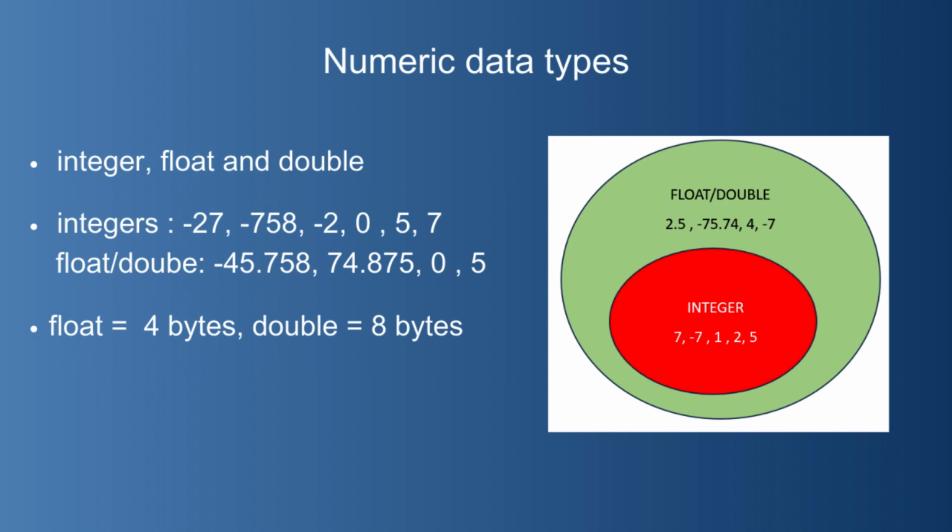The only difference is that float takes 4 bytes of memory and double takes 8 bytes of memory. And the second thing to remember is that double and float are a superset of integers. So every integer is also float and double. 2 is an integer, but it is also float and double. But 2.5 can only be float or double, not integer.